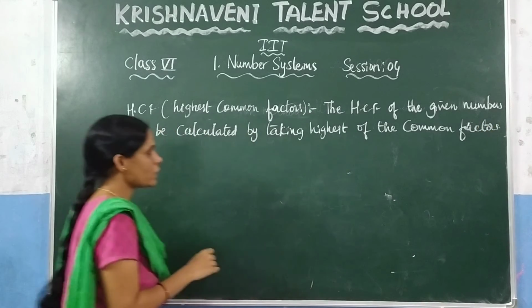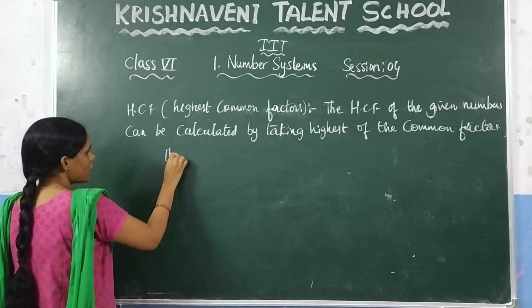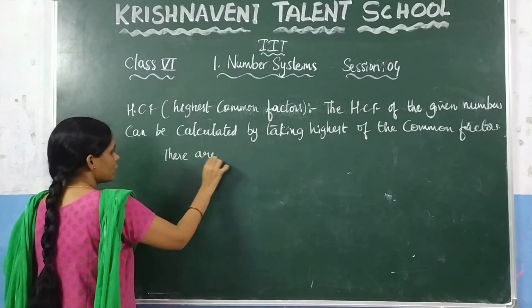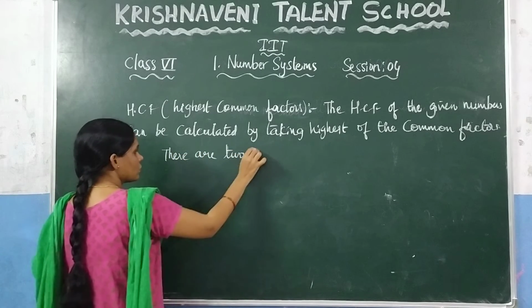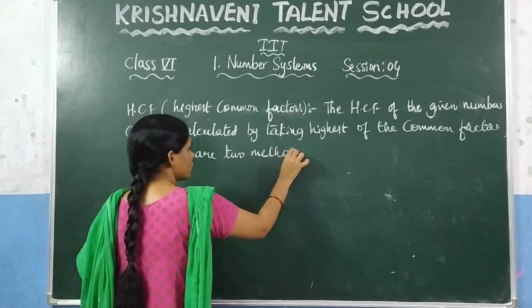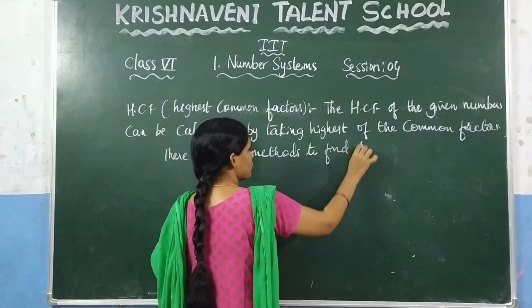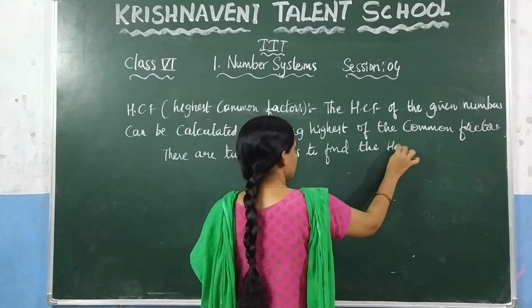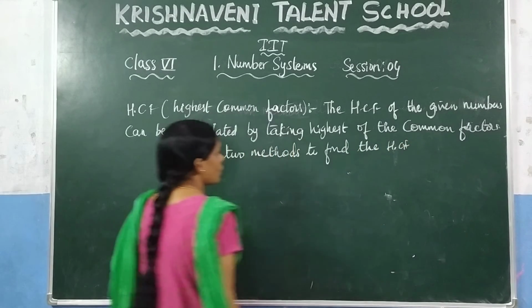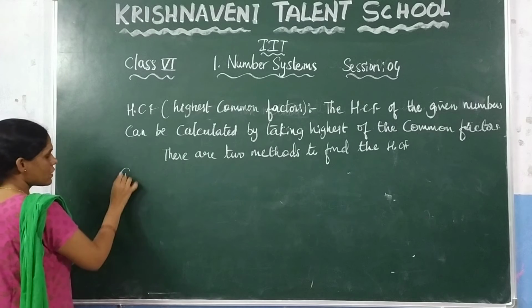And how many methods are there? There are 2 methods to find the HCF. The first is the prime factorization method.